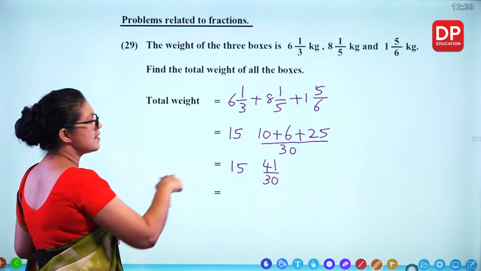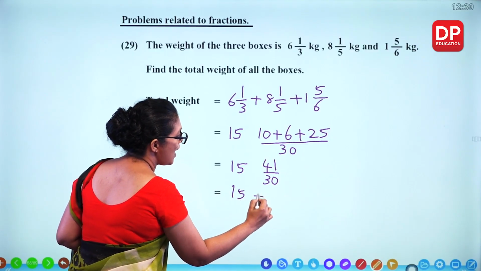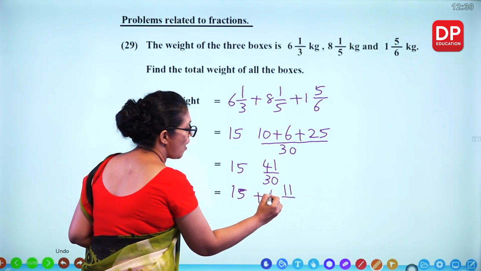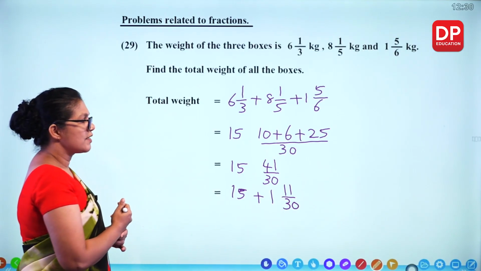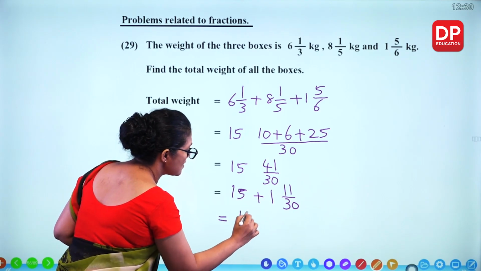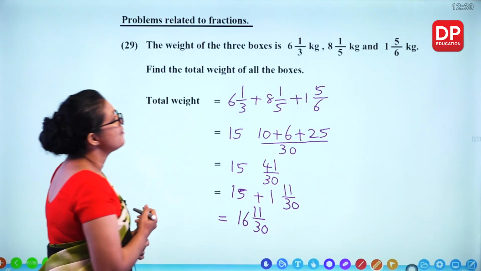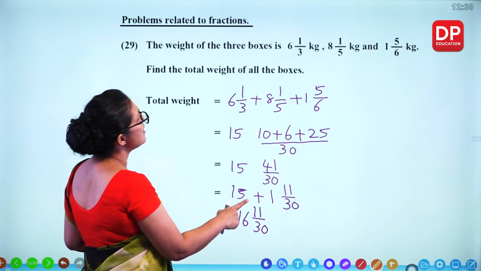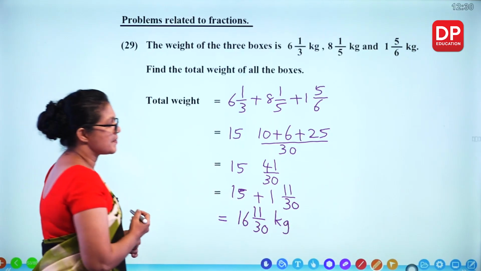Now you can write this one as 1 and 11/30. You get 41 there. So 15 and 1 is 16 and 11 out of 30. So the total weight is 16 11/30 kilograms.